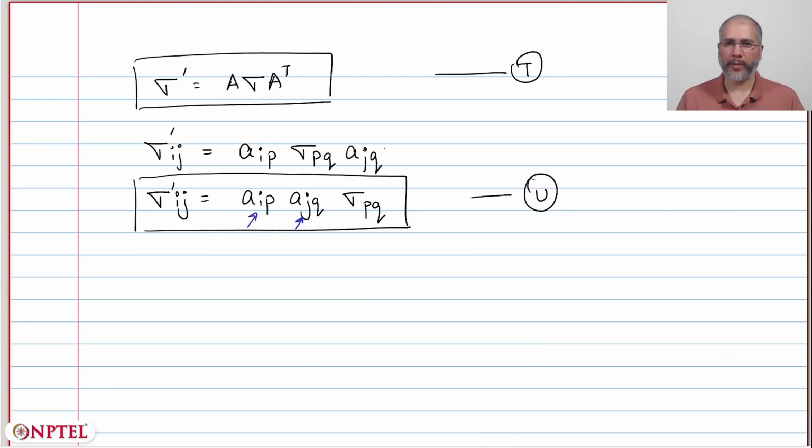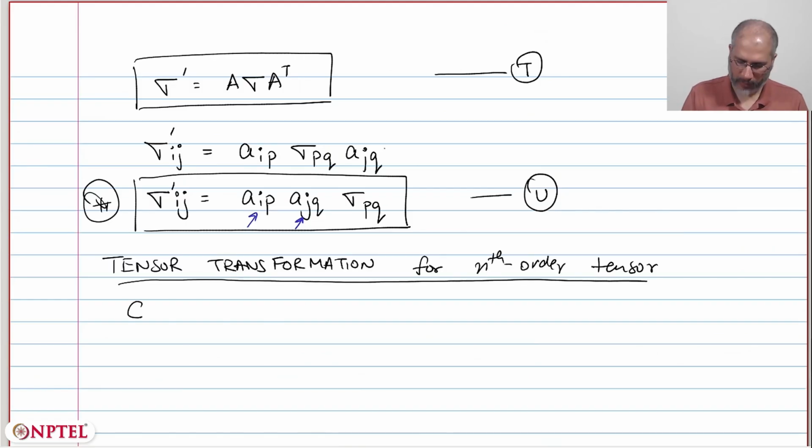So let's see from this pattern, can we develop a transformation rule for an nth order tensor? Let's use expression U to do that. Let's say we have a tensor C_ijk..., and we want to find the primed components, that is the components of this nth order tensor in the rotated coordinate system using the components in the base coordinate system. So let's see expression U and see the pattern.